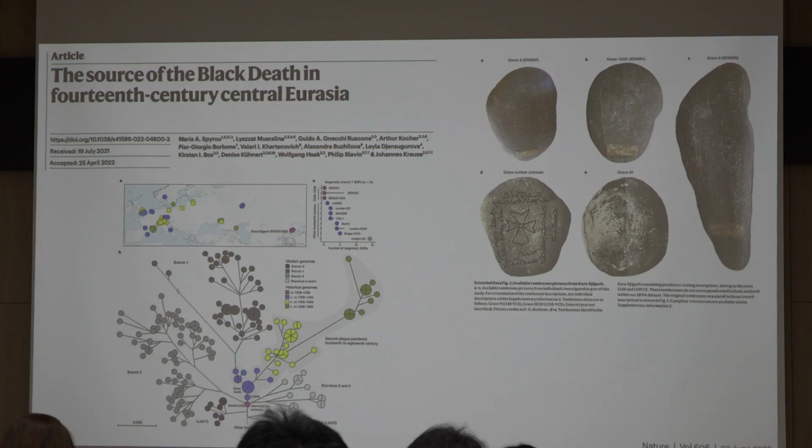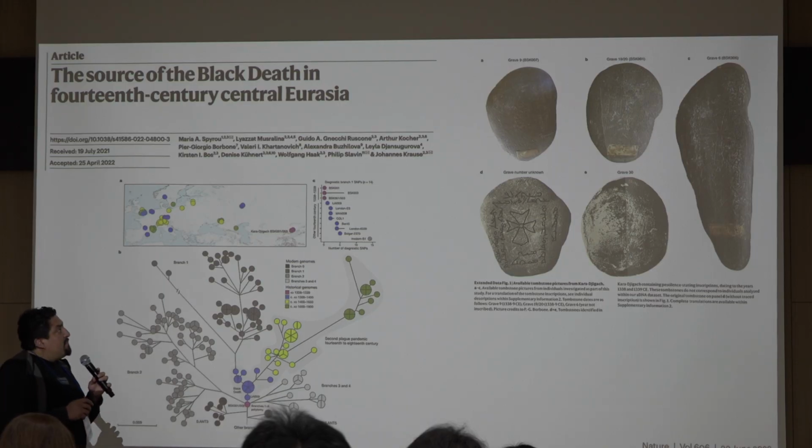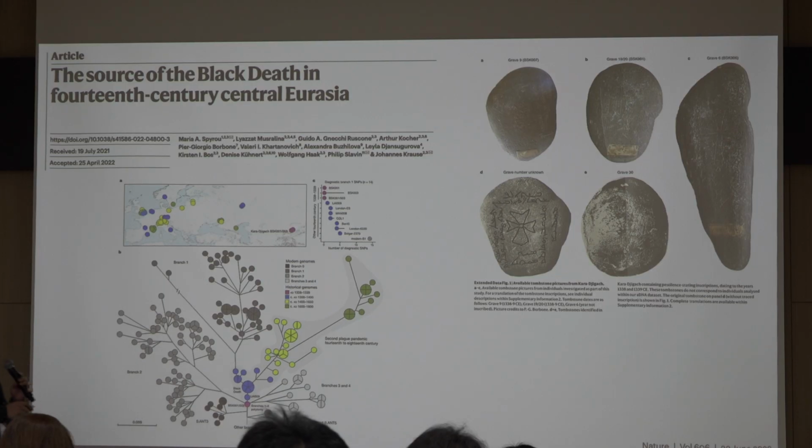This is also another very exciting project, and in this case what they were doing is analyzing individuals that were buried in a cemetery that was signaled with tombstones saying pestilence.